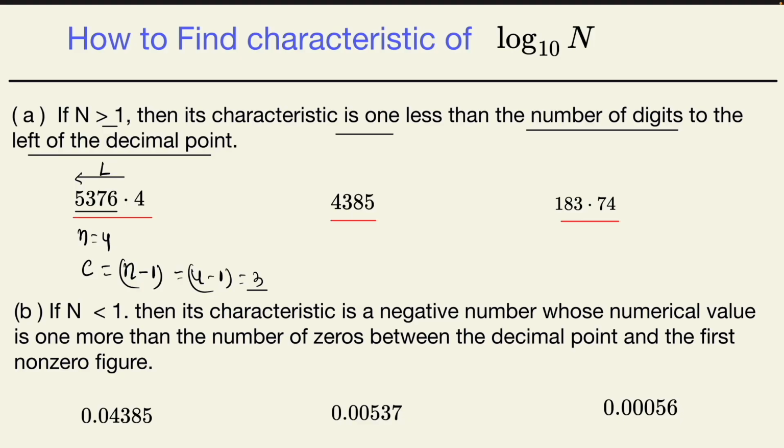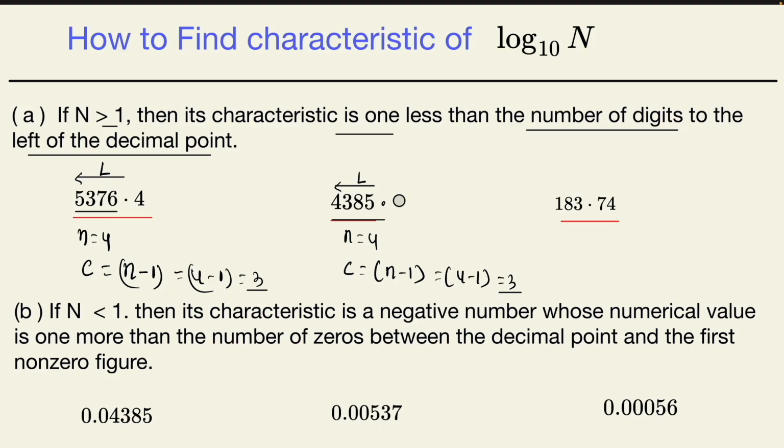In the second example, 4385, there is no decimal, so we assume there is a decimal. On the left side of the decimal we have 4 digits, so n is equal to 4. The characteristic will be n minus 1, so 4 minus 1 is equal to 3.